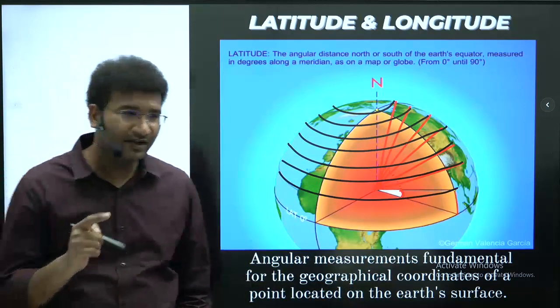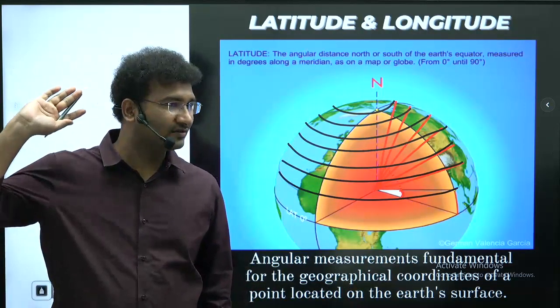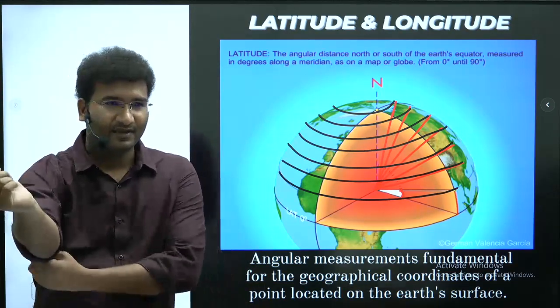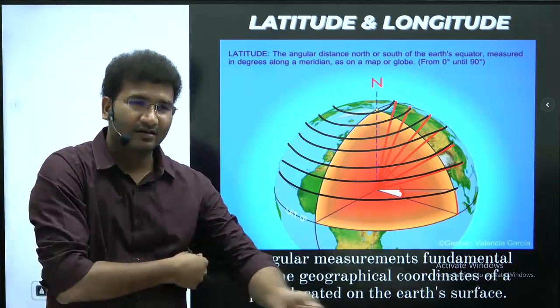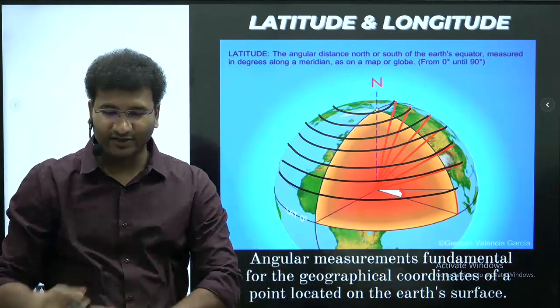Now this is how we have drawn latitudes. Literally, these are all imaginary in nature. Who did this? The UK. Great Britain did this project, and we have to give that credit to Great Britain.